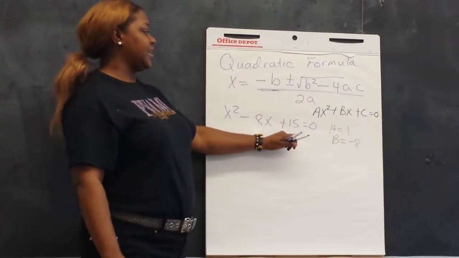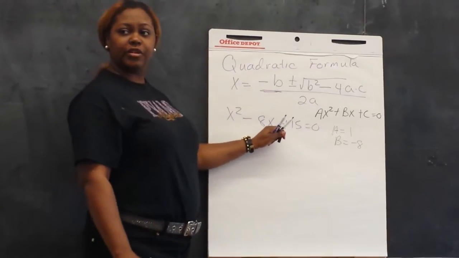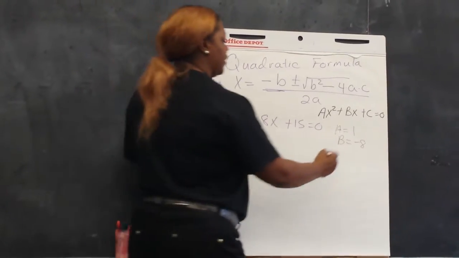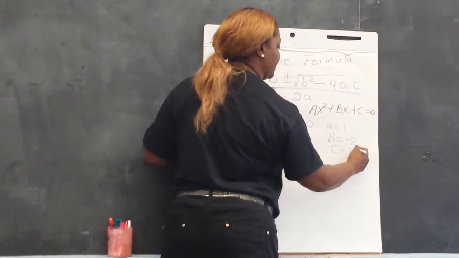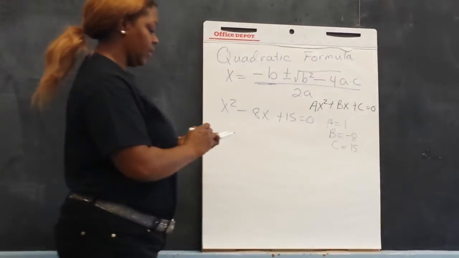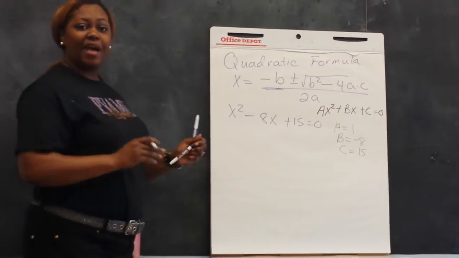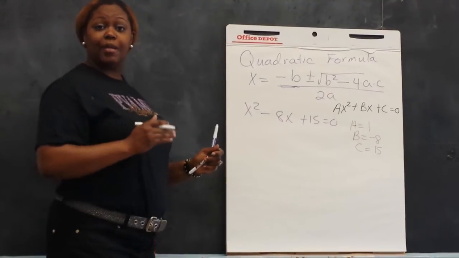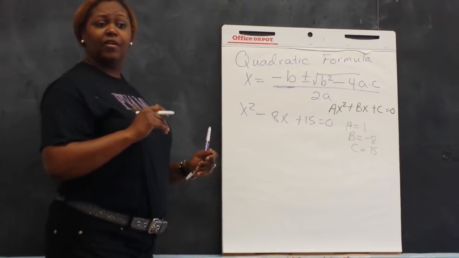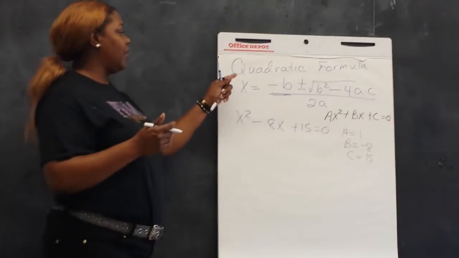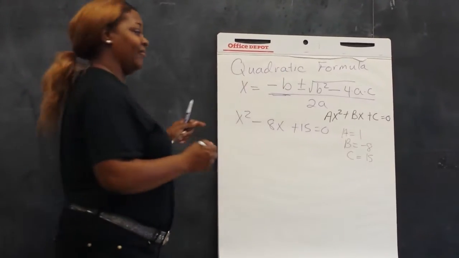Okay? And your c, again considering the sign in front of the number, is 15. Now we have our a, our b, and our c. We're able to substitute into the given quadratic formula.